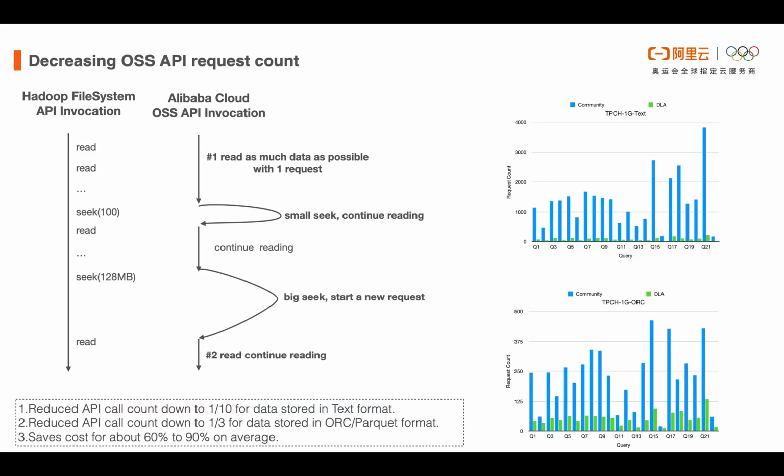So here is the OSS reading process after the DLA improvement. When we read the OSS data, we will use one read request to read as much data as possible.